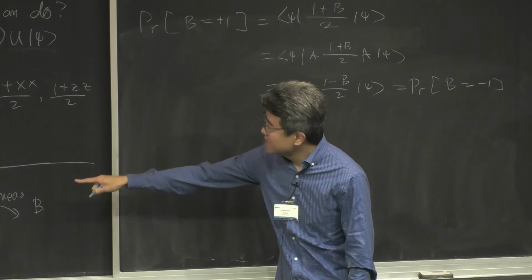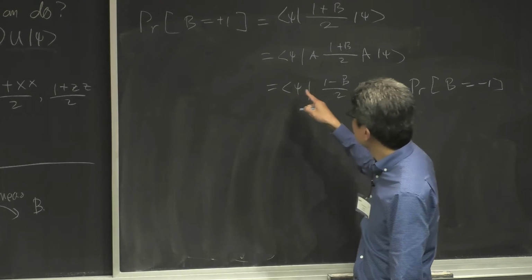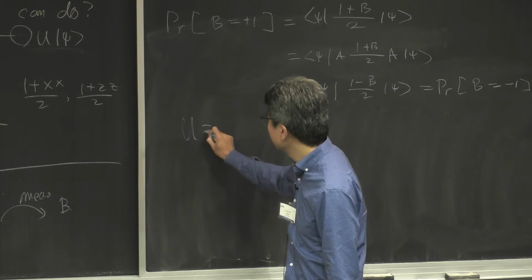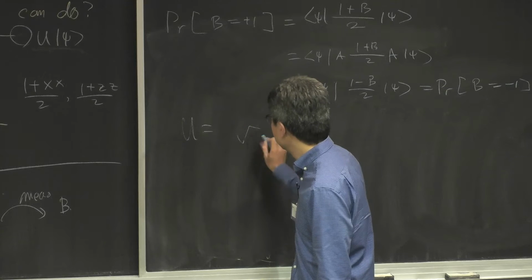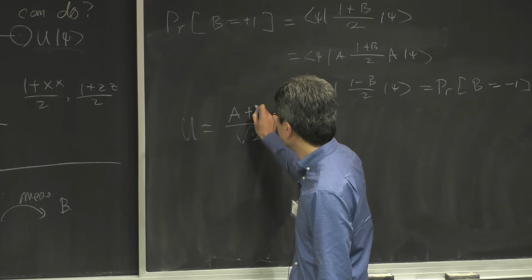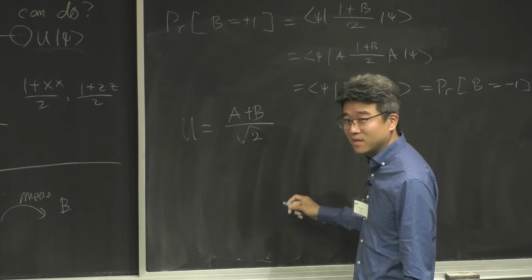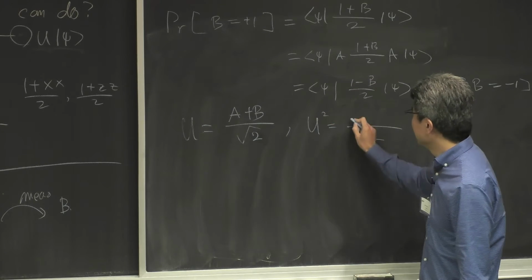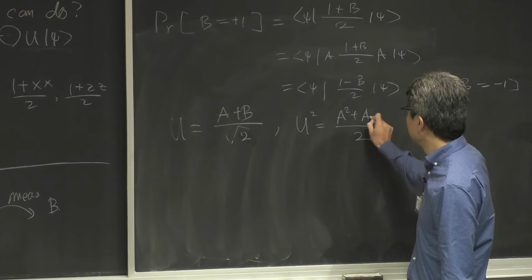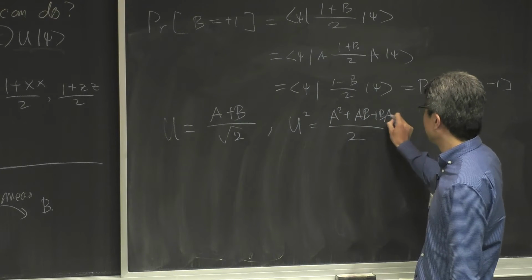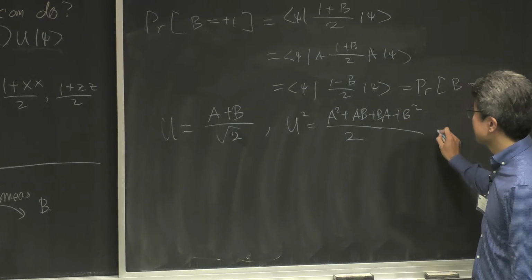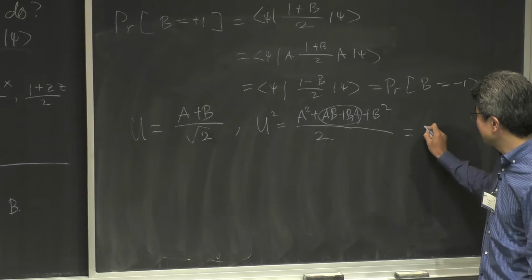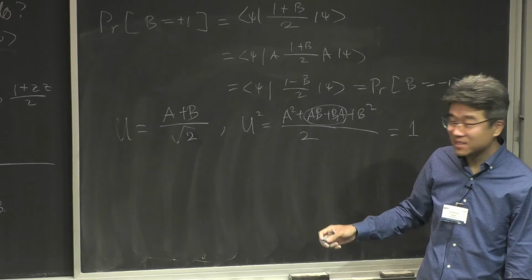So the origin of this unitary can be understood from here. Let me define a unitary U like this. Why is it unitary? Well, if you square it, they cancel. They are 1, so this is 1. So U is a unitary.